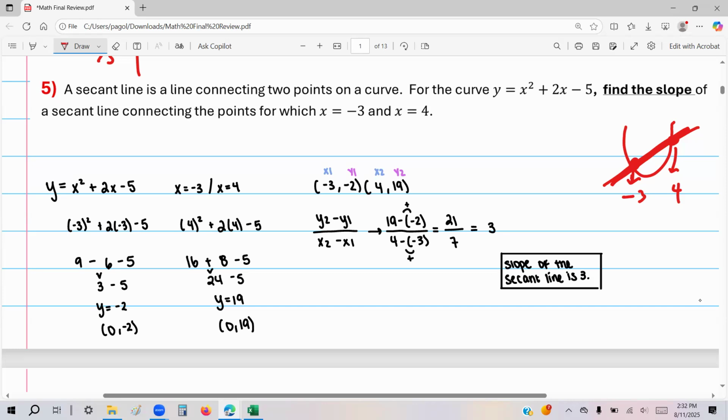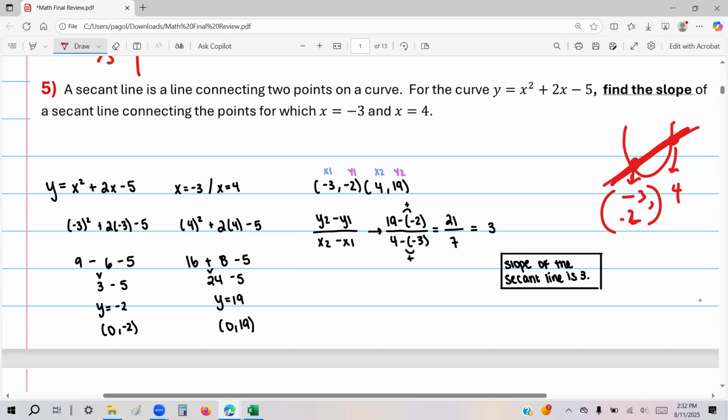The first x is -3. When you replace, we get -3 squared, 9. 2 times -3 is -6, minus 5. So we have 3 minus 5, which is -2. So when x is -3, y is -2. So we have (-3, -2) as 1 point.